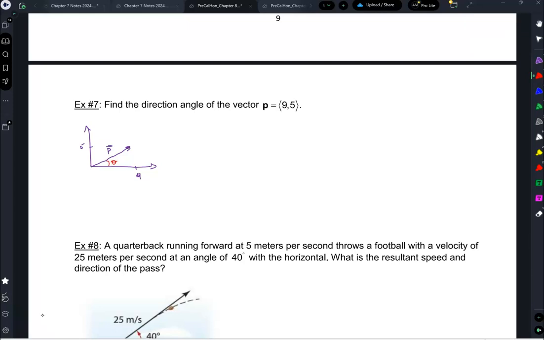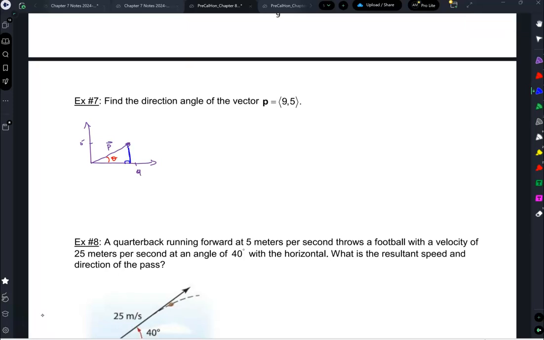Tangent of theta is just the y over the x, or b over a, so it's 5 over 9. So theta is inverse tangent of 5 over 9, which is 29 degrees.